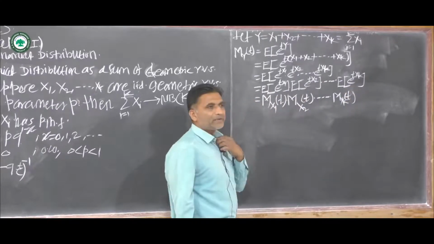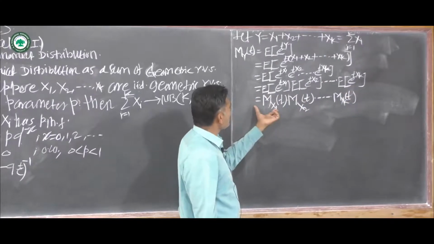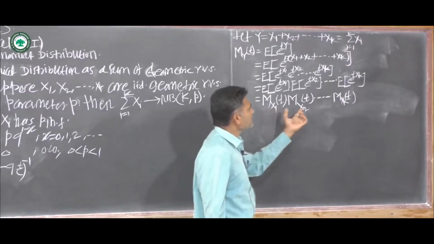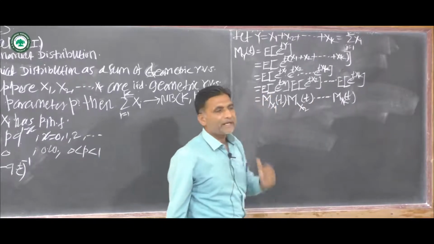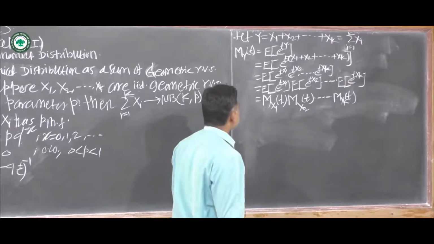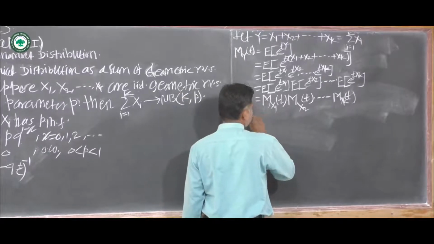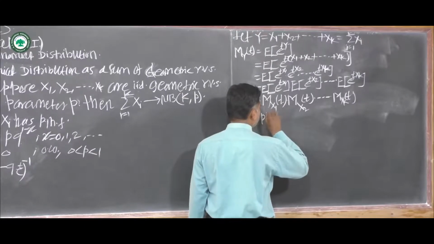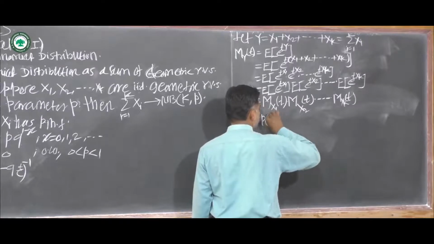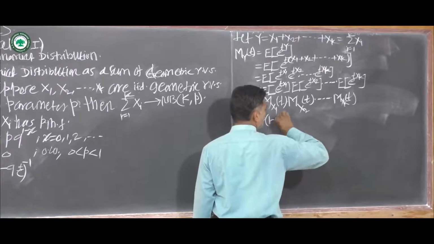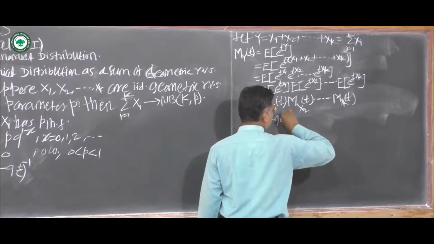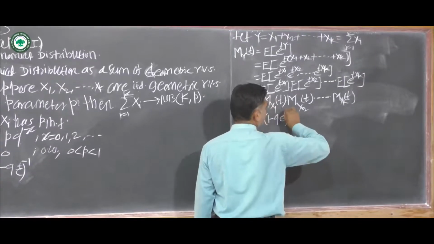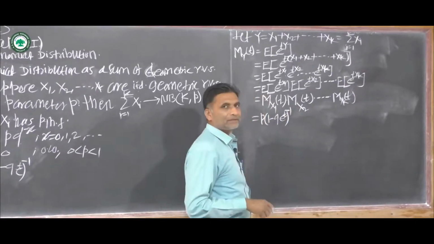And we know that these are geometric random variables, and the MGF of a geometric random variable is p into (1 minus q into e raised to t) raised to minus 1.